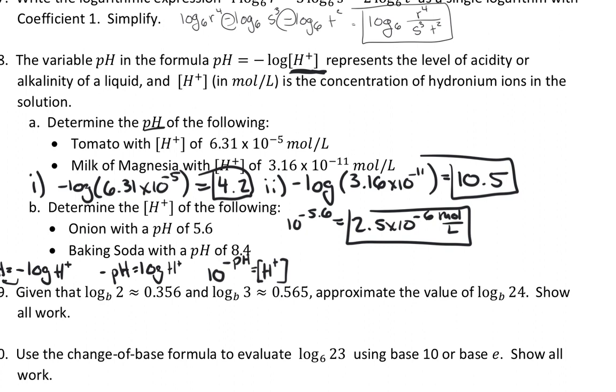And then for baking soda, same thing, 10 to the negative 8.4. That's going to be equal to 10 to the parentheses, negative 8.4, close parentheses, 3.98 times 10 to the negative 9 moles per liter.